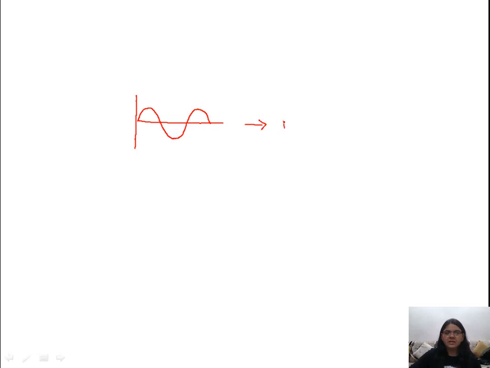This modulating signal means the information signal. The modulating signal is a low frequency signal, which we discussed in the last lecture.